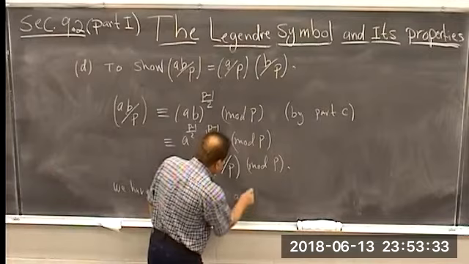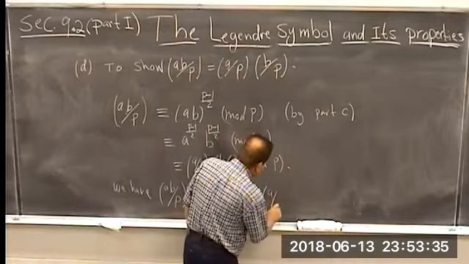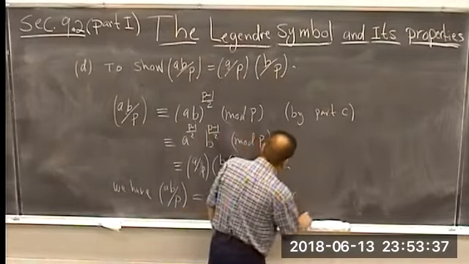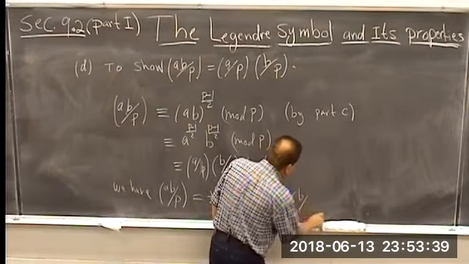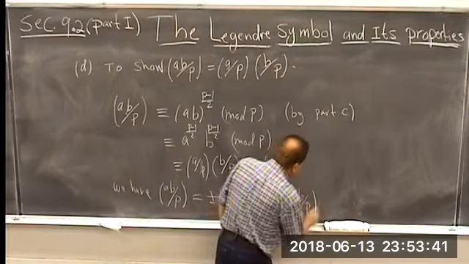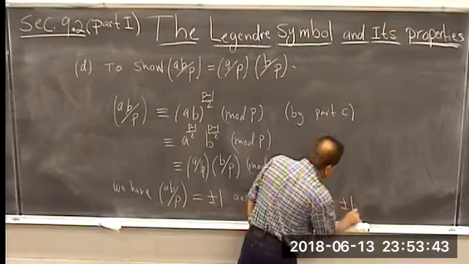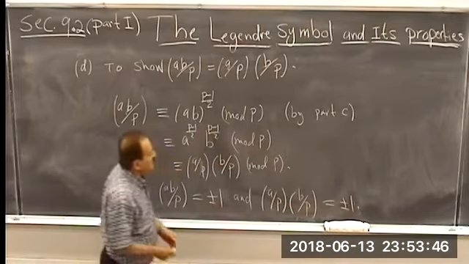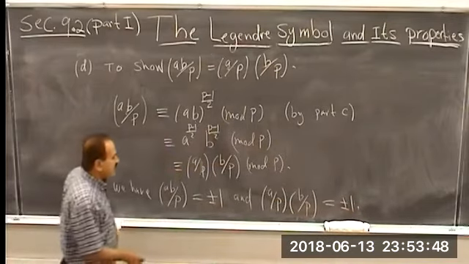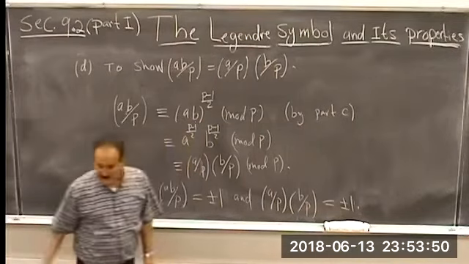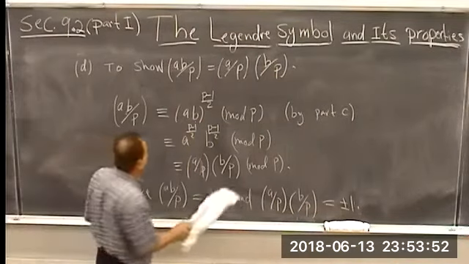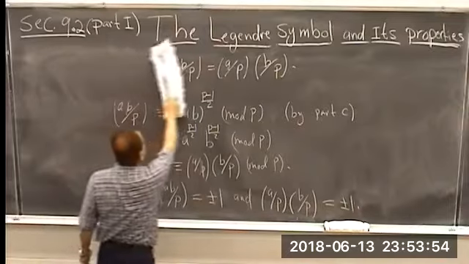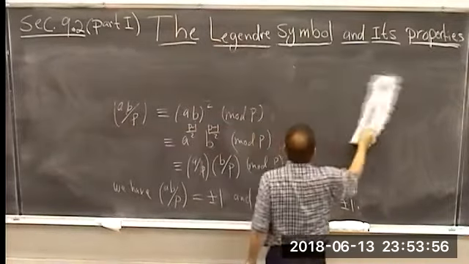And the product, in other words the two sides of the congruence, is also equal to plus or minus 1. Now the question is, can they be different? I claim no, they cannot be different. So this is what I'm going to show.